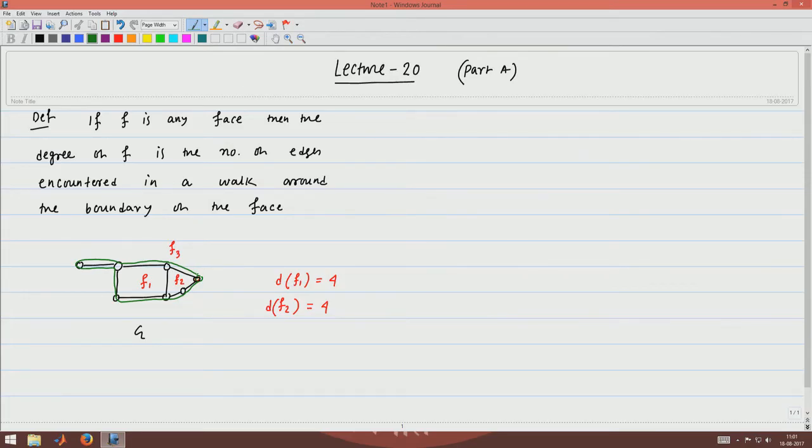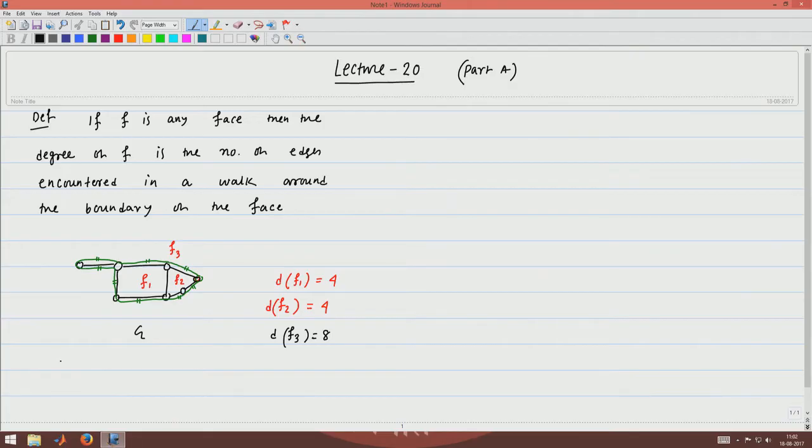So you see the number of edges encountered in a walk around the boundary of this face: how many edges did you encounter here? Edge 1, 2, 3, 4, 5, 6, 7, 8. So the degree of this face F3 is equal to 8. This is how you compute the degree of a face.